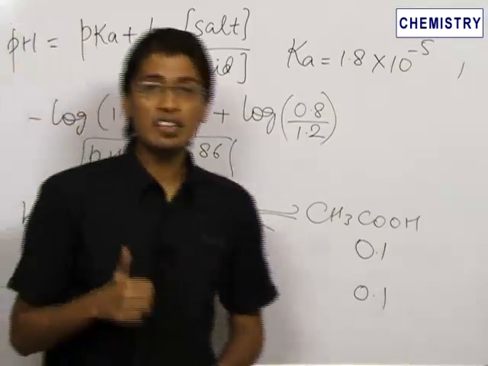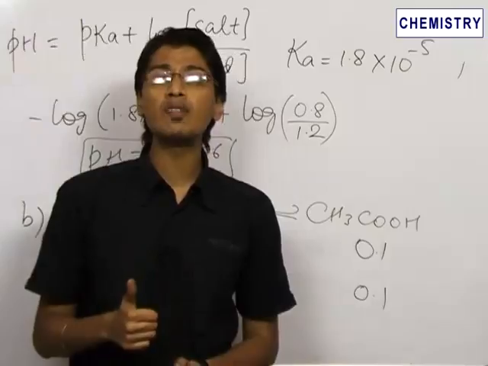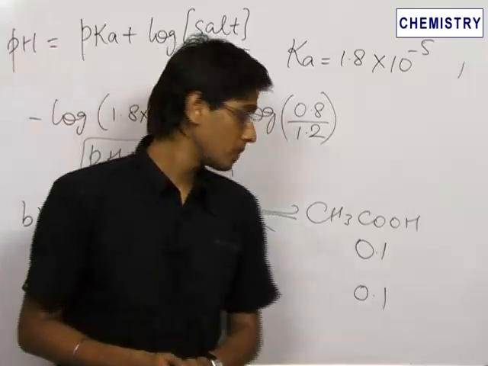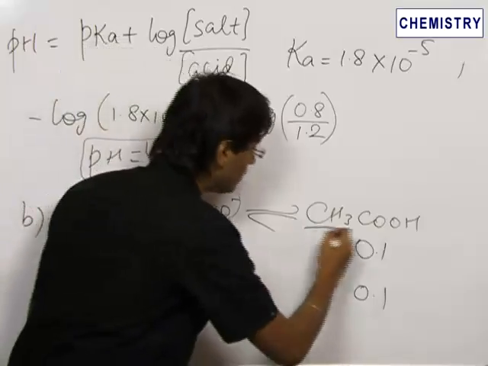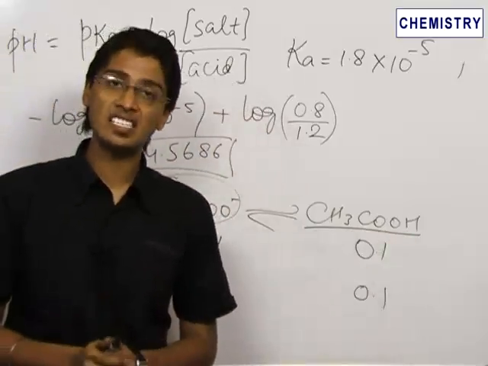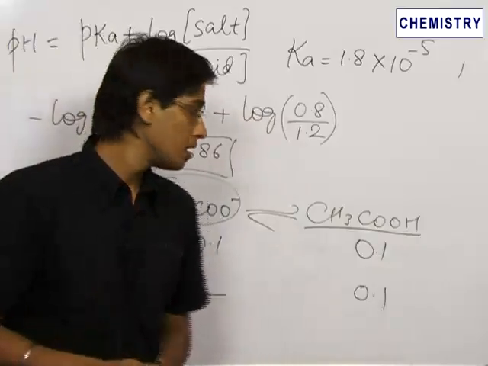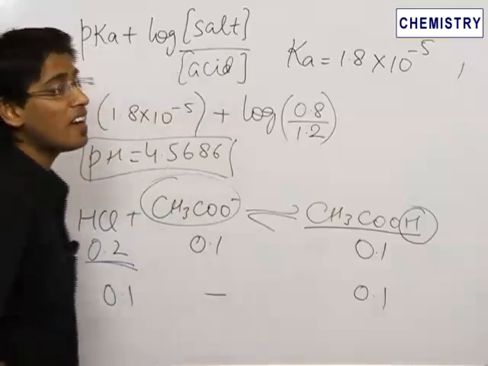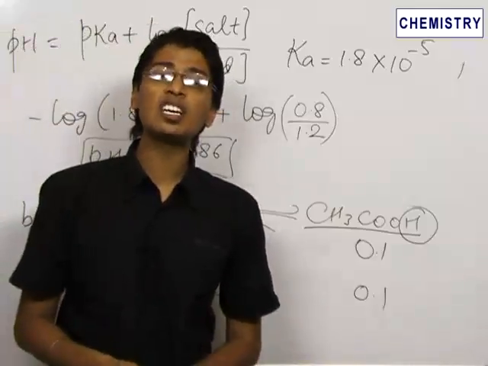Now in the given final reaction mixture, we have 0.1 moles of HCl and 0.1 moles of acetic acid. Now acetic acid being a weak acid and also in the presence of a very strong acid HCl, it dissociates. But the H plus coming out from acetic acid will be very less as compared to the H plus ions which are coming from HCl.